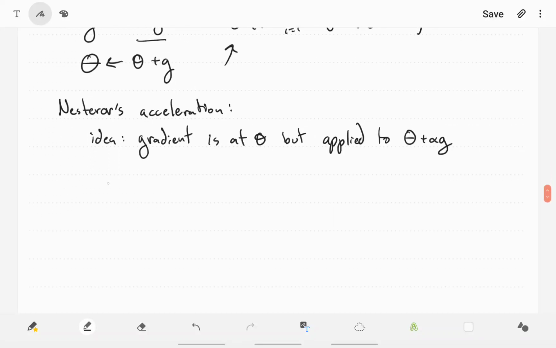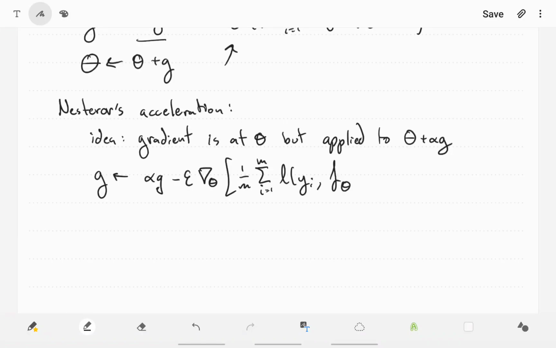So instead, let's make the following update. G gets alpha times G minus epsilon times the gradient with respect to theta of 1 over m, sum i equals 1 to m of the loss at y_i and f at theta plus alpha G of x_i.